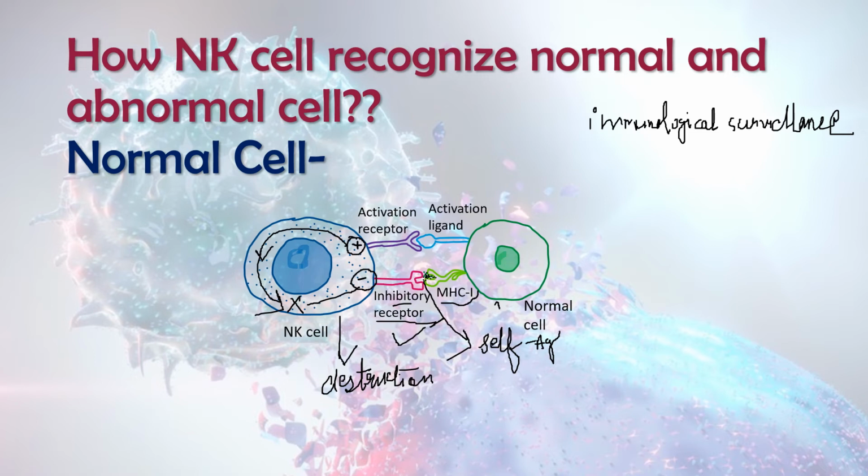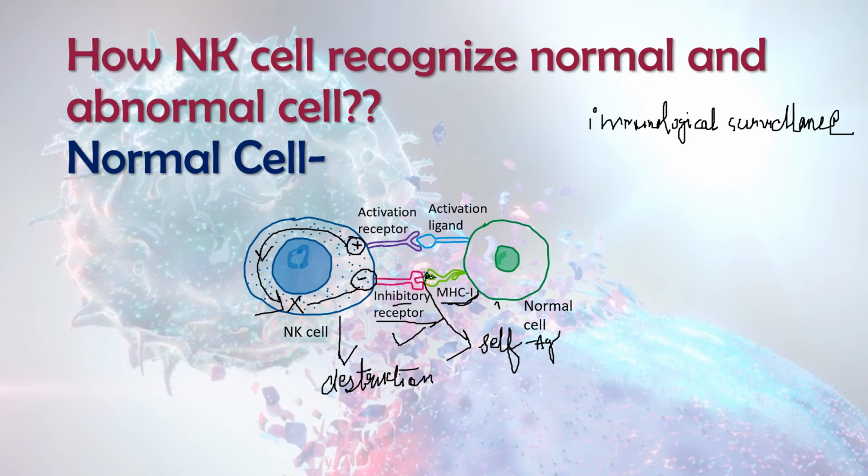I hope you understand. Let me again make you understand that we know there are two receptors. One is the activation receptor and the other is the inhibitory receptor. Basically, the inhibitory receptor recognizes whether the cell is normal, abnormal, or infected with a virus. So as soon as this inhibitory receptor makes contact with the MHC1 molecule, it recognizes what type of antigen or protein molecules the MHC1 displays.